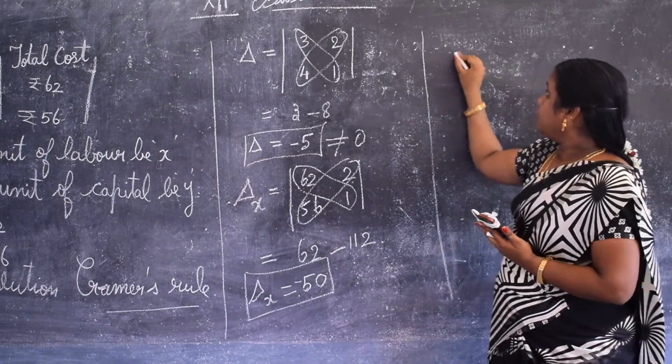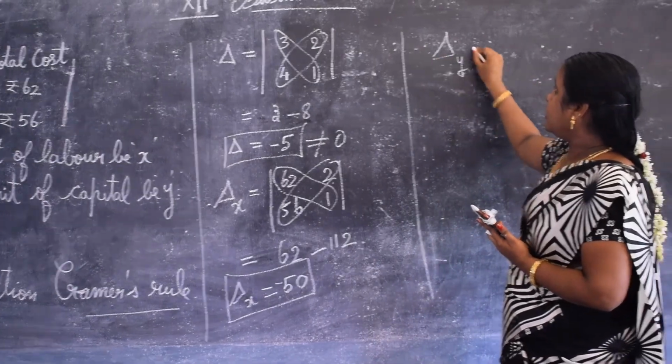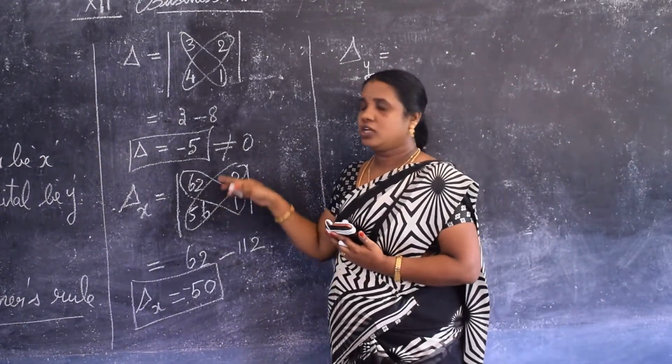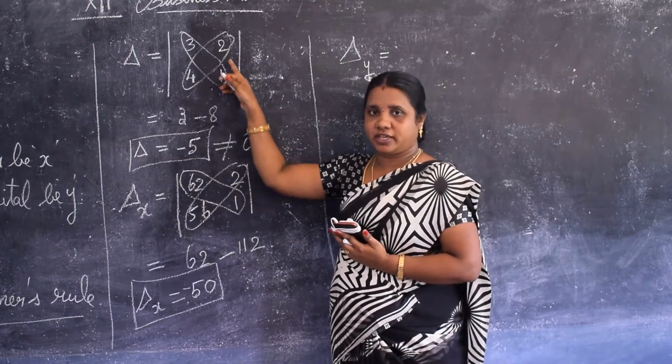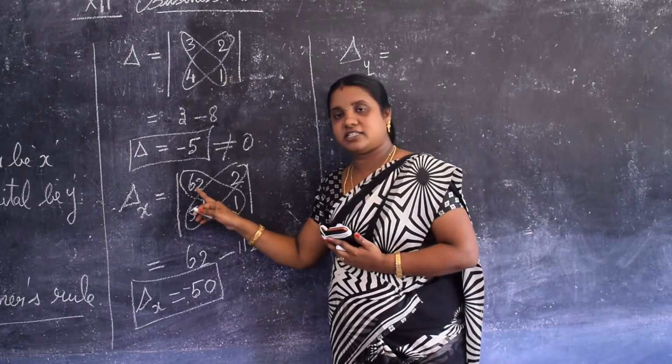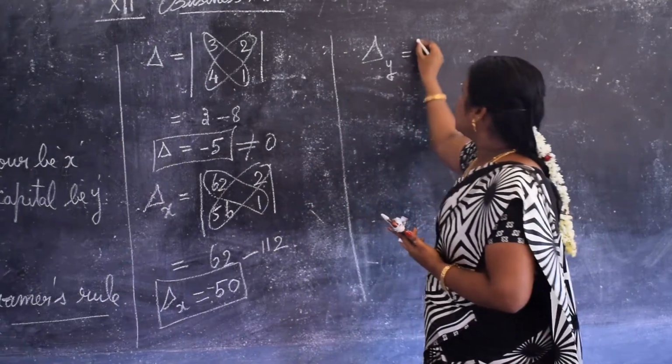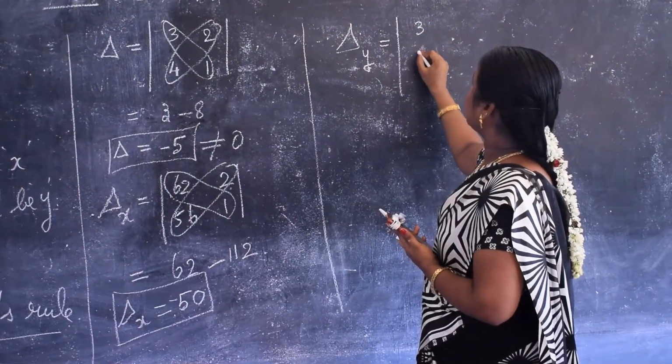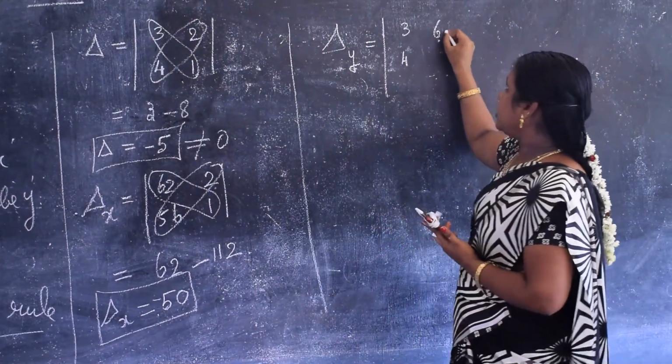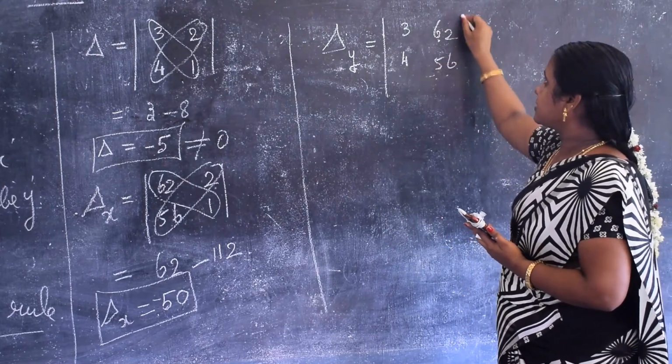Now, next you have to find the delta y value. What to do for delta y? In the place of the coefficients of y, you write 62 and 56. So 3, 4, and write 62, 56.